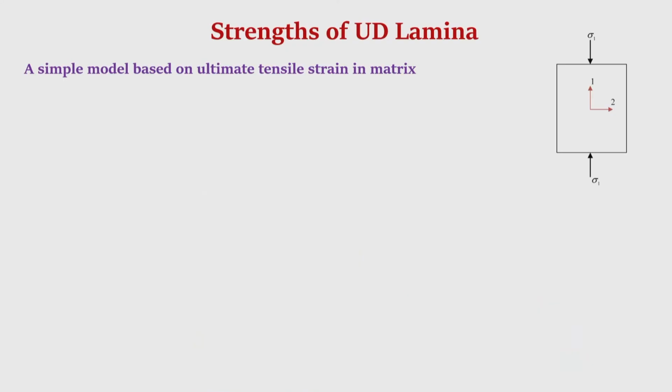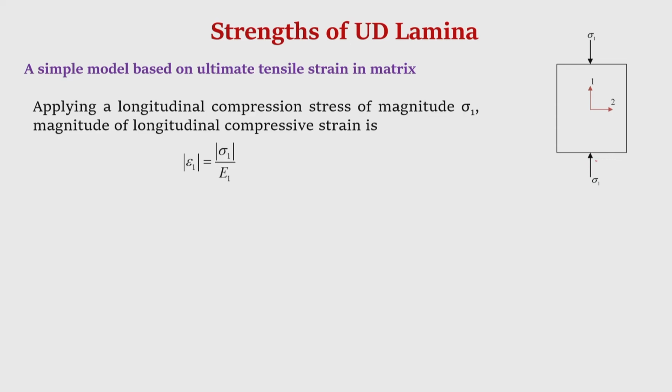However, just to understand a simple model based on the ultimate tensile strain of the matrix, suppose we take a lamina and it is subjected to a compression stress sigma 1 in direction 1, which is the principal material direction, and naturally because of that there will be transverse strain. This is the longitudinal strain, where E1 is the longitudinal Young's modulus of the composite, and because of that there will be a transverse strain which will be tensile if the stress is compressive in direction 1.